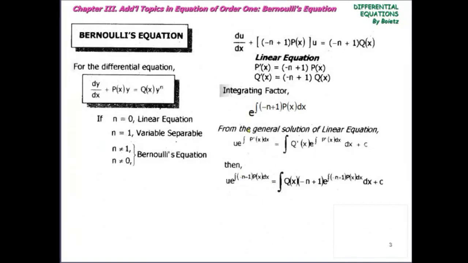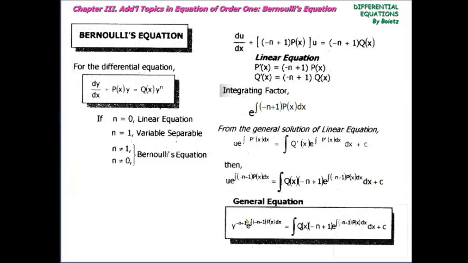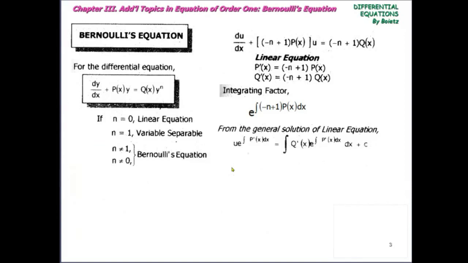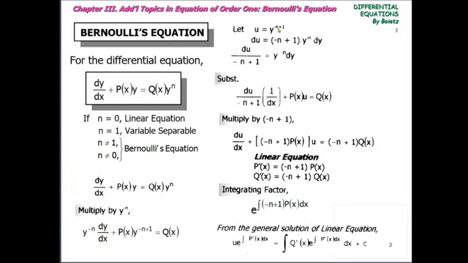Then substitute u, tapos the integral of the integrating factor, this will become the integral of negative n plus 1 px dx is equal to q prime x is negative n plus 1 qx. Then ito the integral of the integrating factor dx plus c. Then substitute u, your u is equal to y to the negative n plus 1.